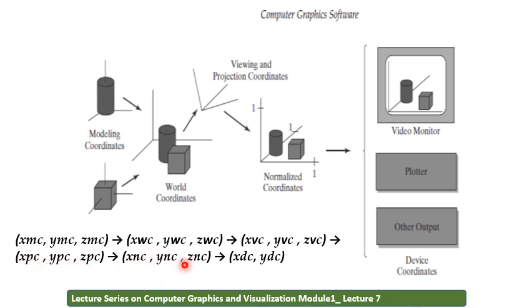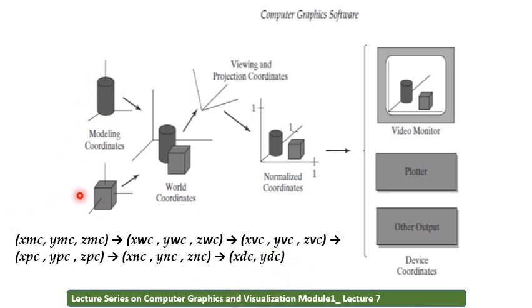Lastly, it will be converted to normalized coordinates. At the final step, depending upon the individual device drivers, these normalized coordinates are transferred to the individual device coordinates. So this is the sequence from modeling coordinates to device coordinates.